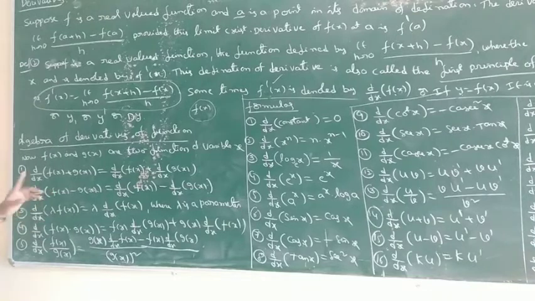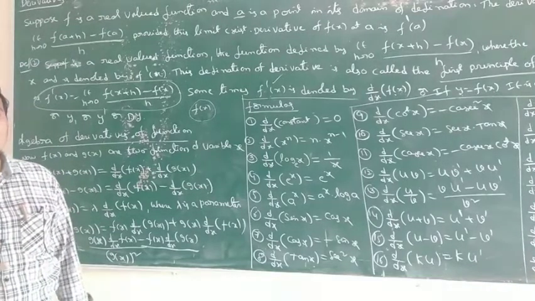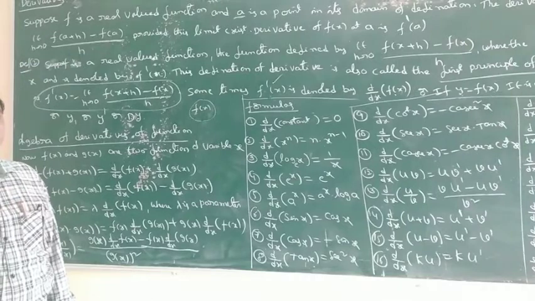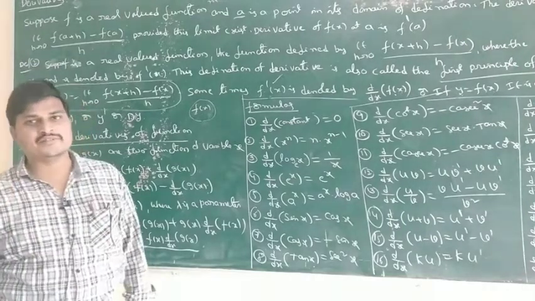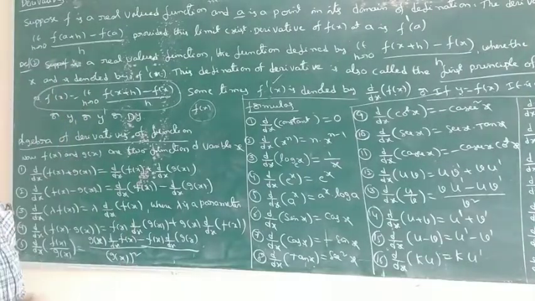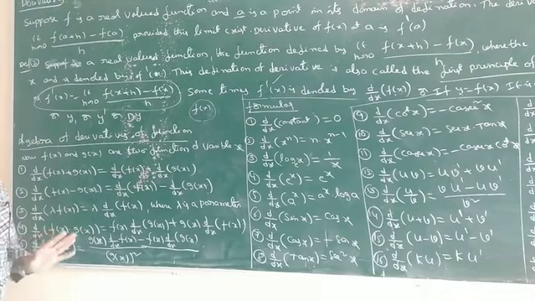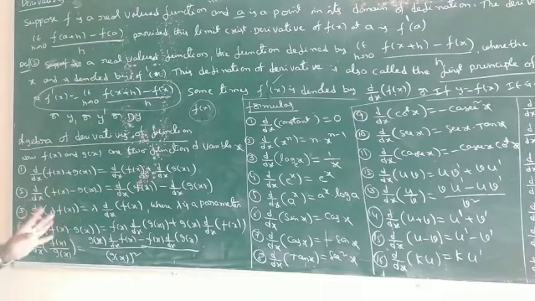In algebraic limits, the limit of f of x into g of x is equal to the limit of f of x into the limit of g of x. But in derivatives, the derivative of f of x into g of x is not directly the derivative of f of x into the derivative of g of x. It is not correct.